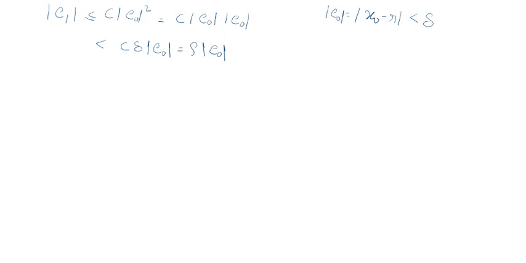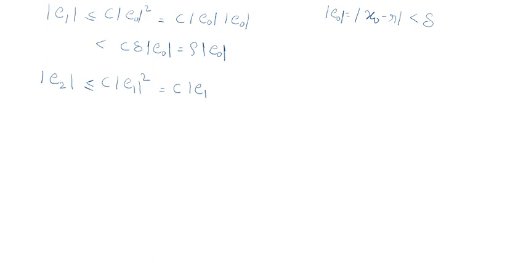Now, what about mod of e2? Mod of e2 is less than or equal to c times mod of e1 square, and mod e1 square is less than or equal to rho square times mod e0 square.